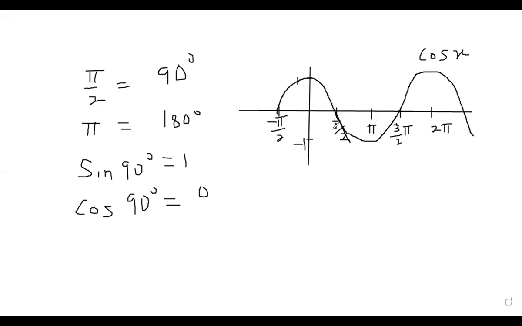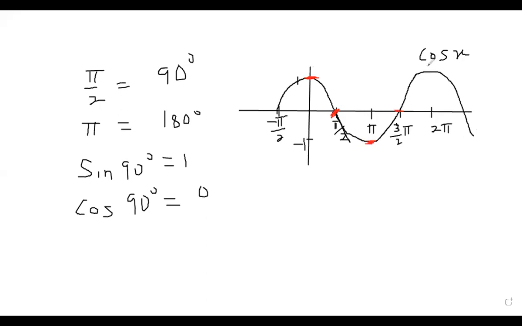So once you plot this function, you will always find that cos at pi/2, which is cos 90, is always 0, whilst cos at 0 is what? 1. Cos at 180 is going to be -1, and it keeps going on and on. Cos at 270 will be 0.